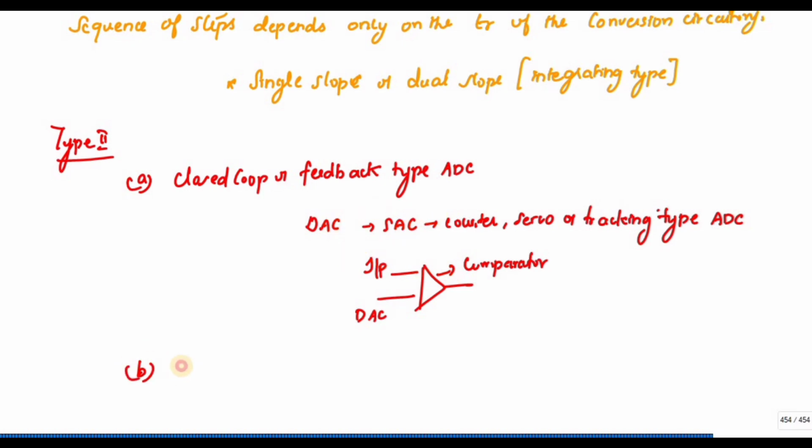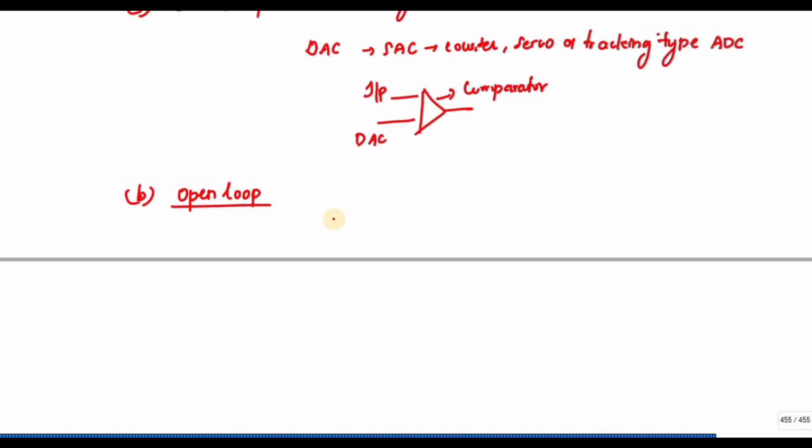The next one is open loop, the open loop or non-feedback type ADC. Here the direct comparison is made, so there is no requirement of a DAC. The comparison is made directly between my input voltage and reference voltage.